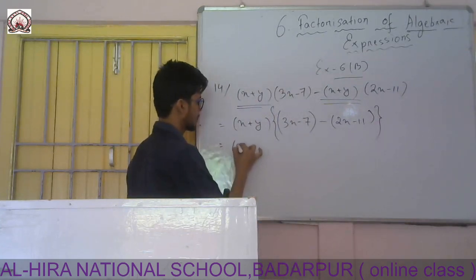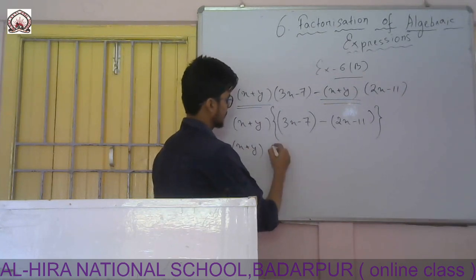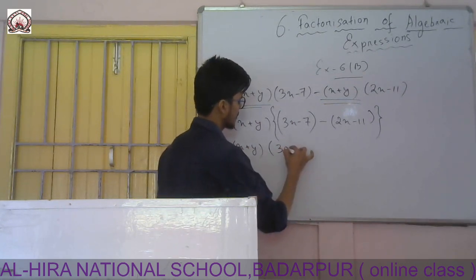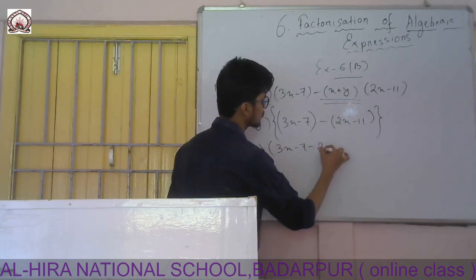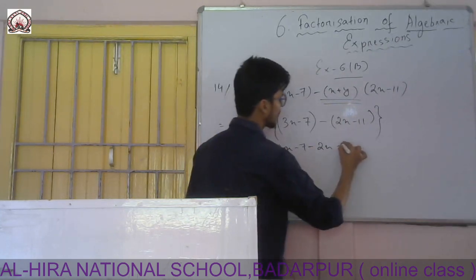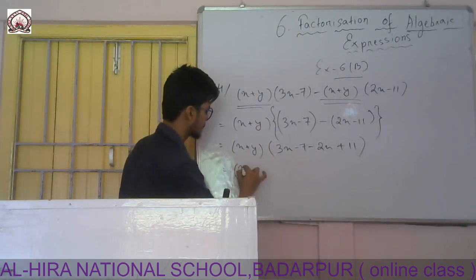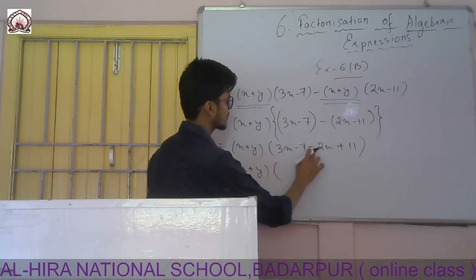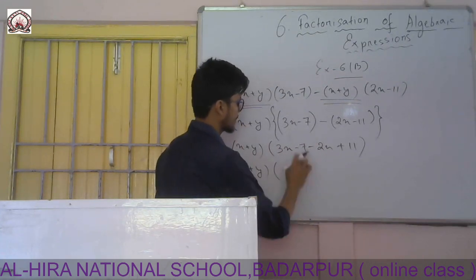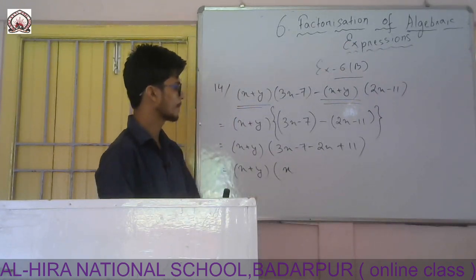Now if you solve this one, x plus y, and by giving the first bracket also you can write 3x minus 7, minus plus it will be minus 2x, minus it will be plus 11. So there will be x plus y, and there 3x minus twice x, it will be x, minus 7 plus 11, it will be 4.